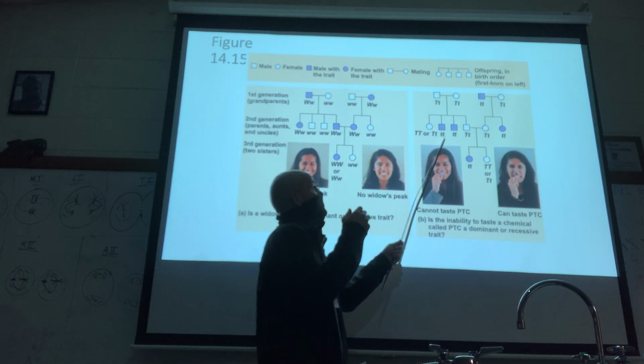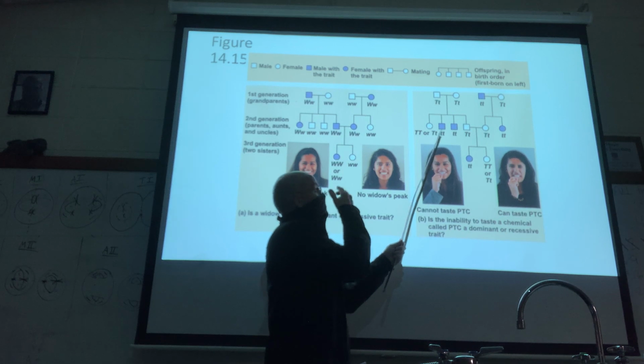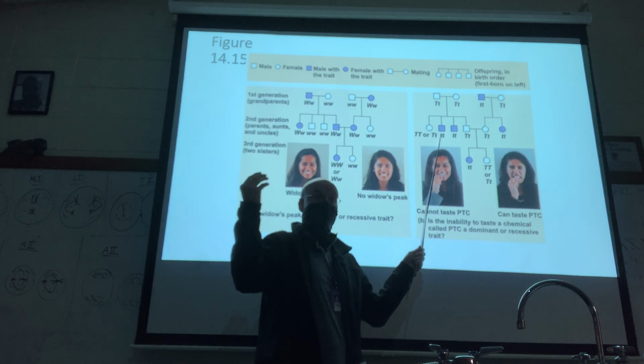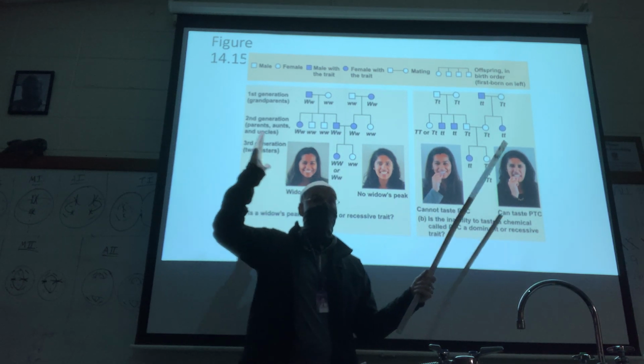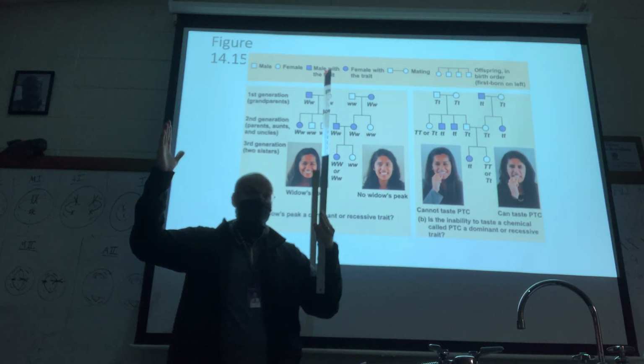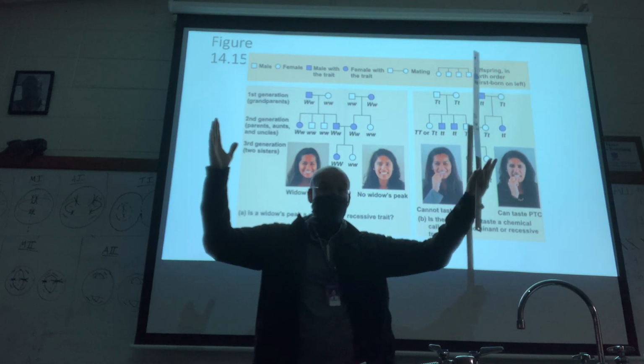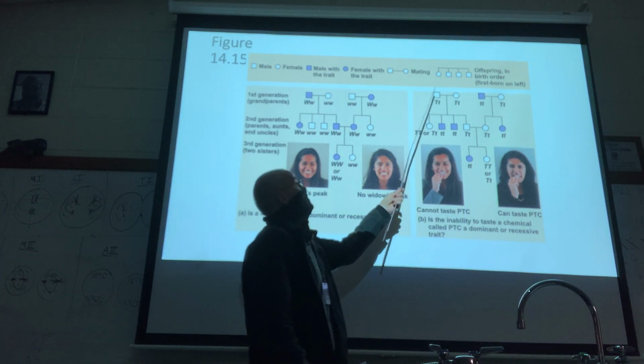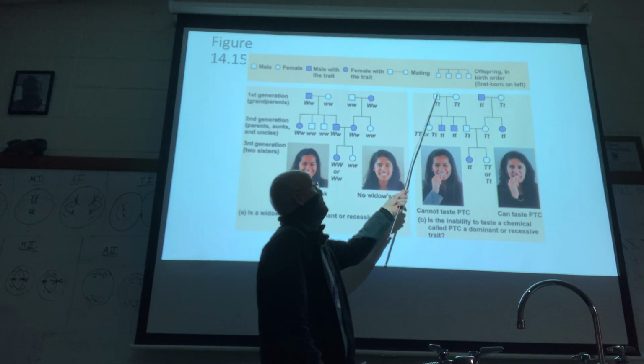For a recessive individual to be homozygous recessive, you have to have a recessive gene from one parent and a recessive gene given by the other parent as well. So these two parents are dominant.